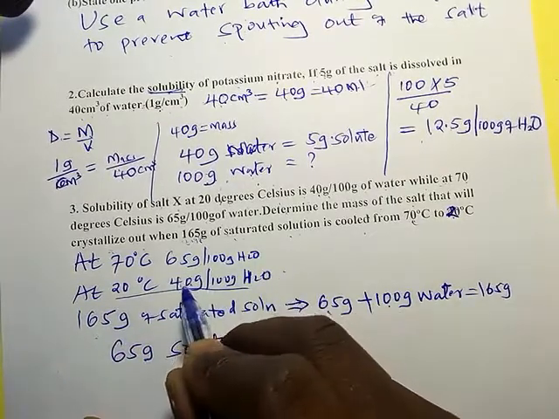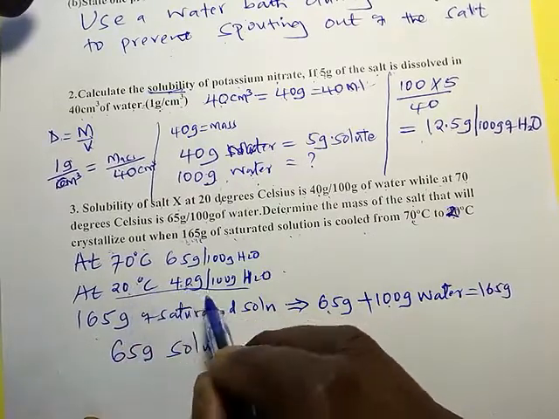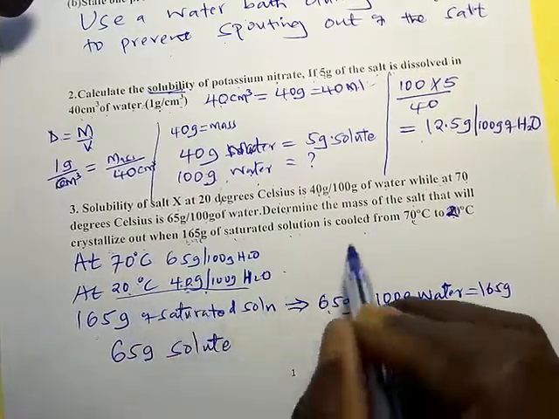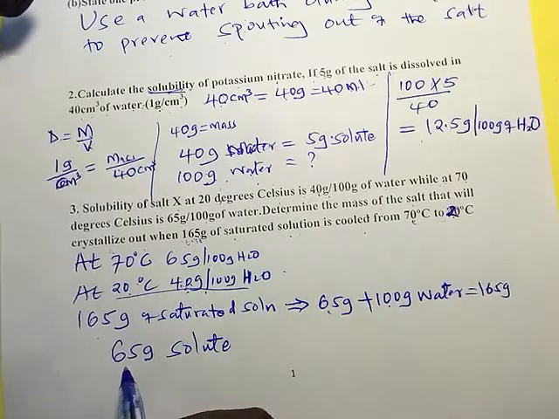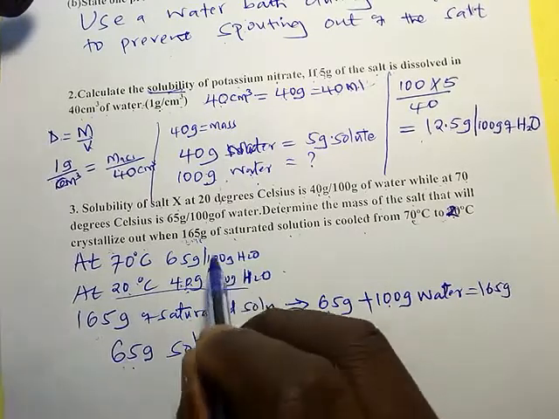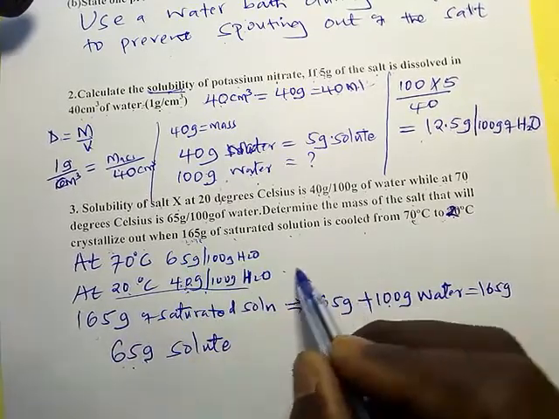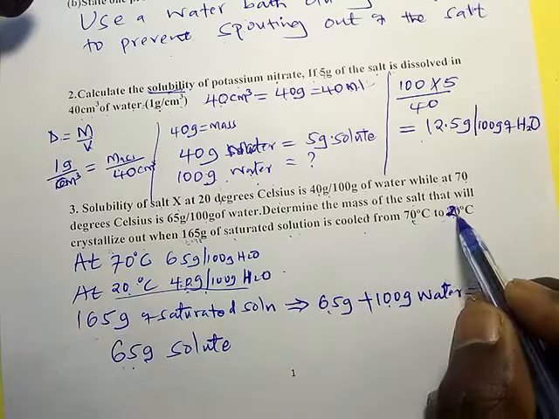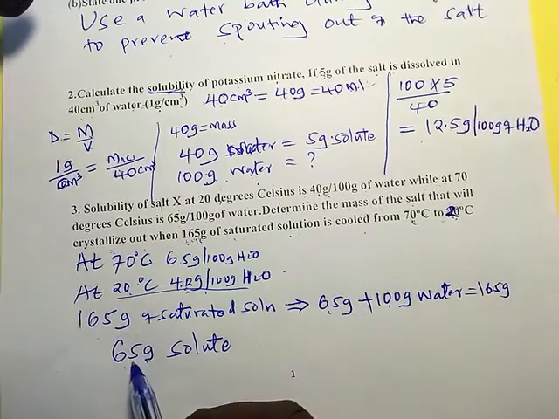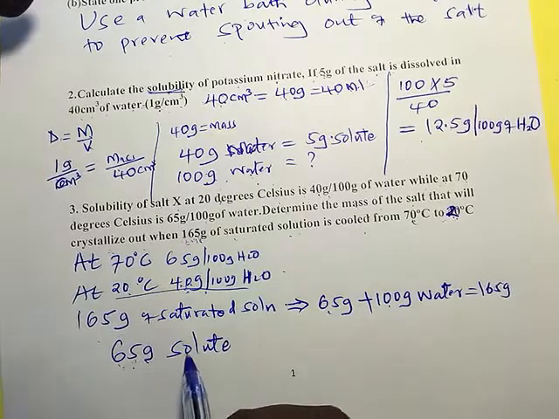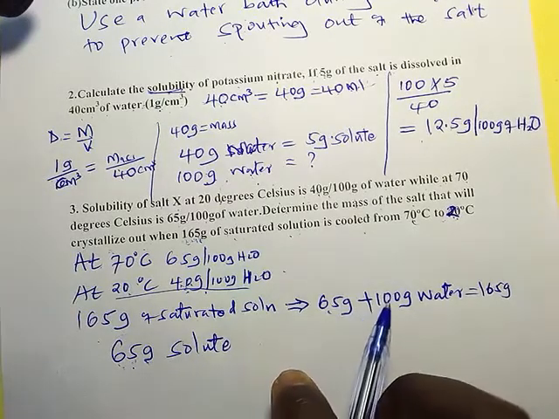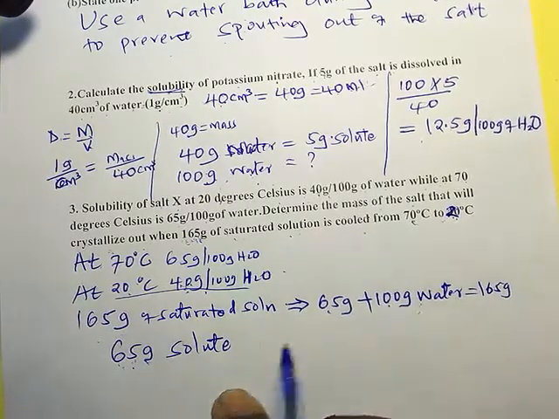The solubility at 20 degrees Celsius is 40. And the mass of solute is 65, being cooled to 20. What will be the mass that will crystallize out?